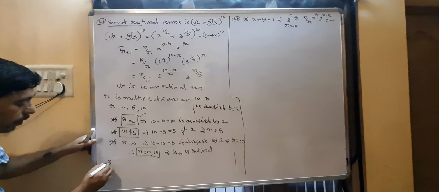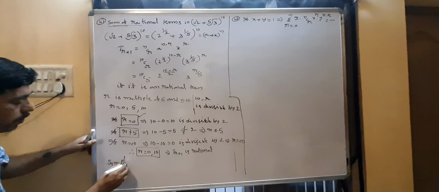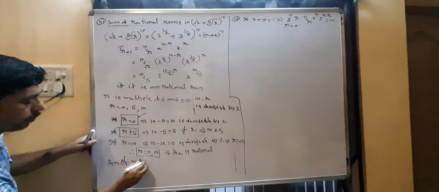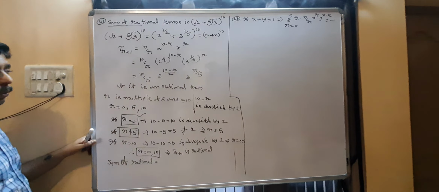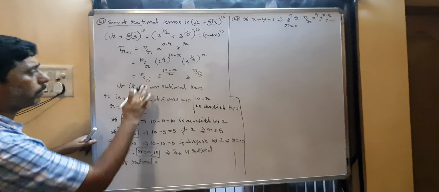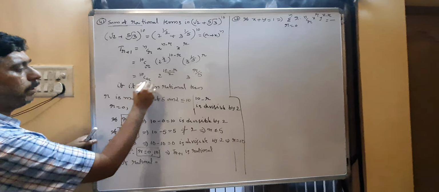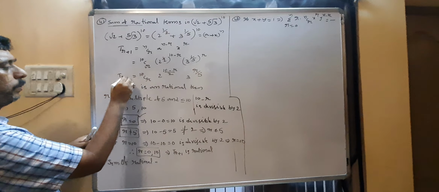So the sum of rational terms: in place of r you have to take 0.